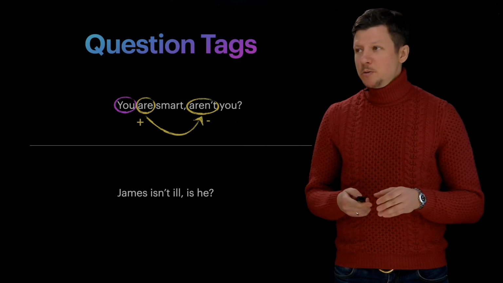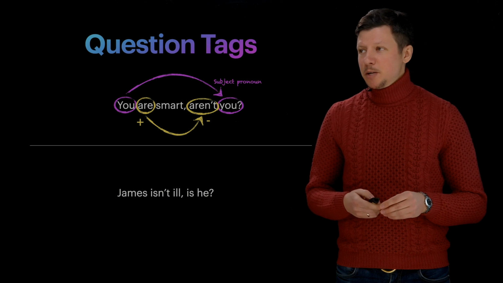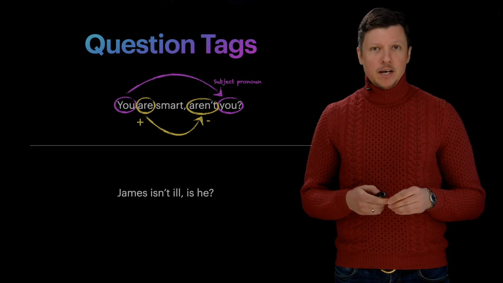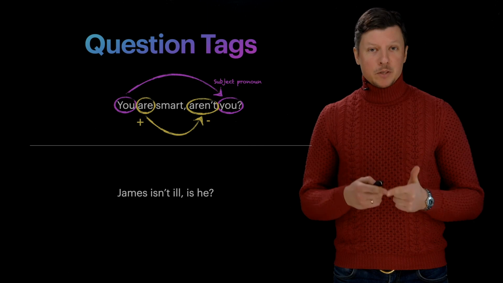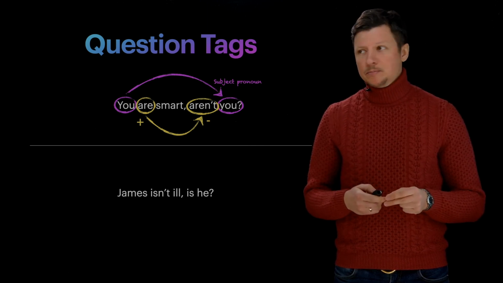We take you and move it to the end of the sentence. So the subject pronoun is going to be the last word, and it's always the one that follows either modal verbs or auxiliary verbs or any form of the verb to be.